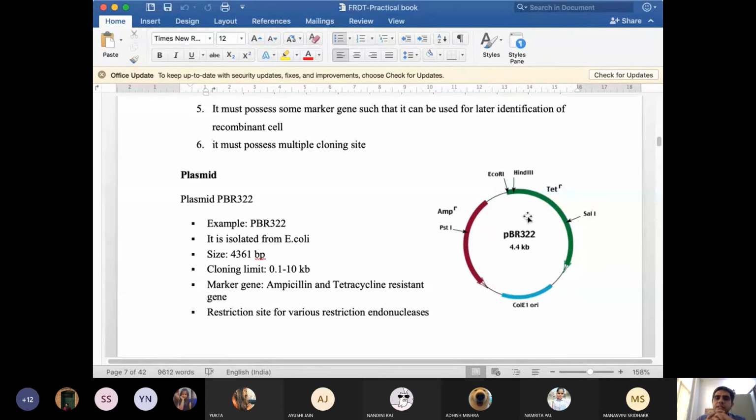So any restriction site that is there, we can utilize: put a cut using that enzyme and insert a segment which contains the restriction site of your interest. Whatever site the enzyme is recognizing, we can insert that sequence in between so that it has that restriction site also. This is the right answer.